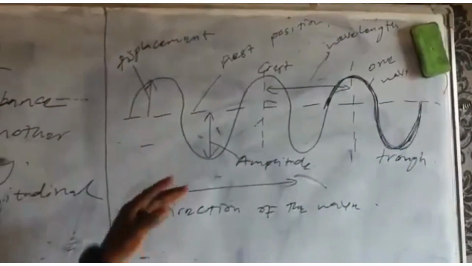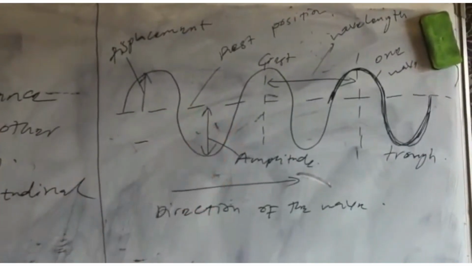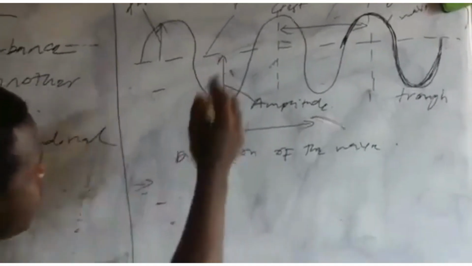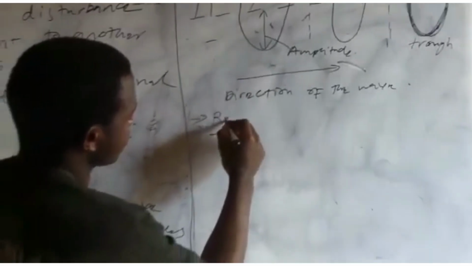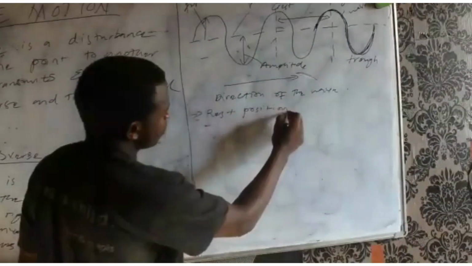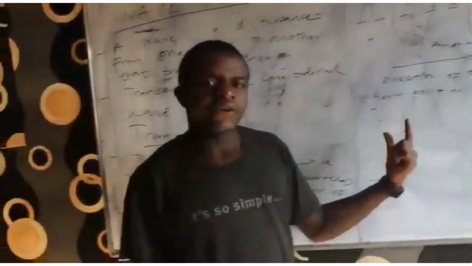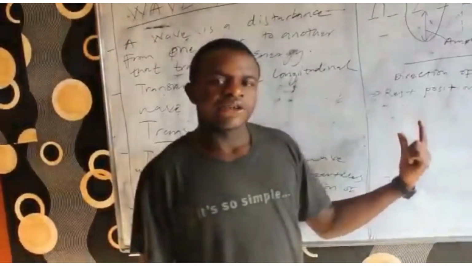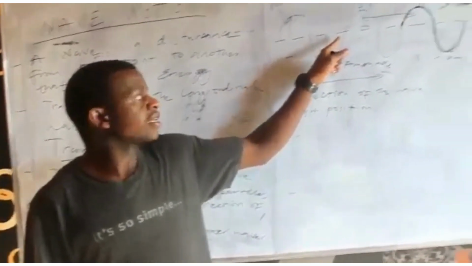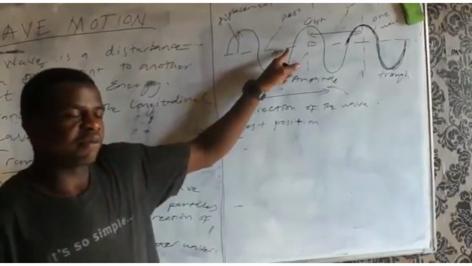So let us look at the definitions of the parts that form the transverse wave. The first part, we have the rest position. The rest position is the region where there is no vibration of particles. This line shows that the particles here don't vibrate.